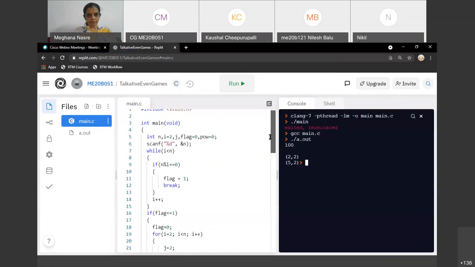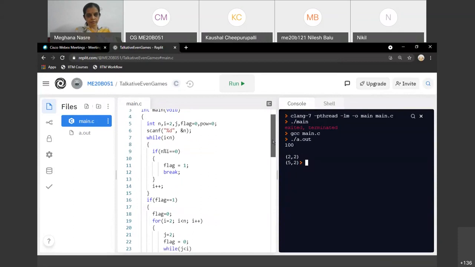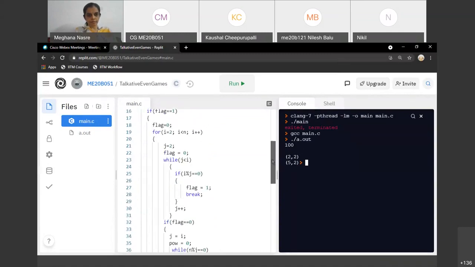Yes, ma'am. Basically, I first check if the number is composite. Only then I even start doing the process. If it's prime, the program just ends directly. I defined a flag, which is just something I use to check whether it's prime or not. If it's composite, then I go into the loop and I get all the factors of it. I look at each factor and then check whether each factor is prime or not.